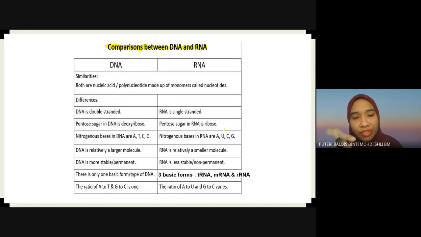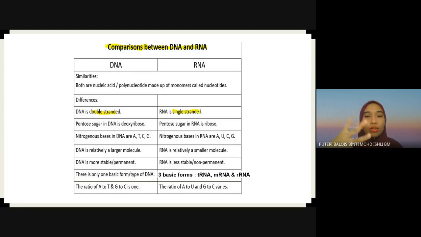And for differences, okay, rule number 4, for differences you must differentiate in one sentence. For example, DNA is double-stranded while RNA is single-stranded. Okay, make sure you differentiate in one sentence.